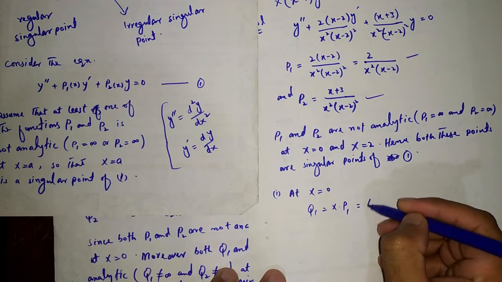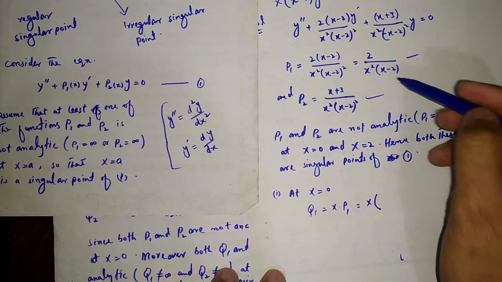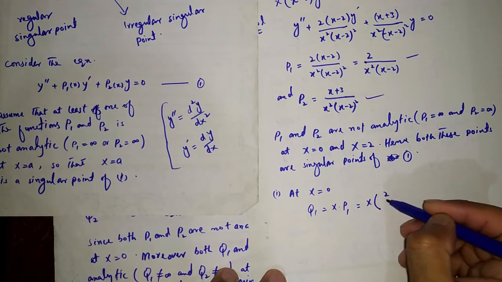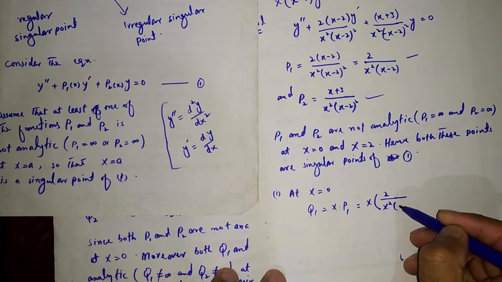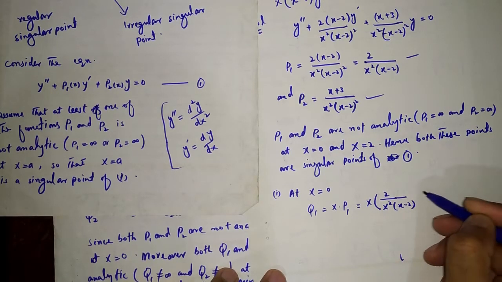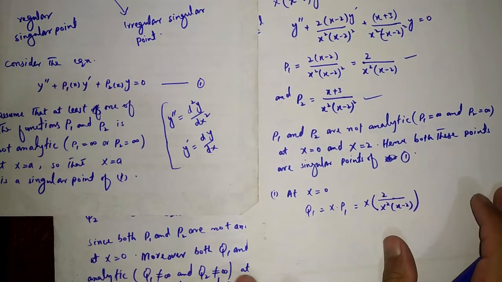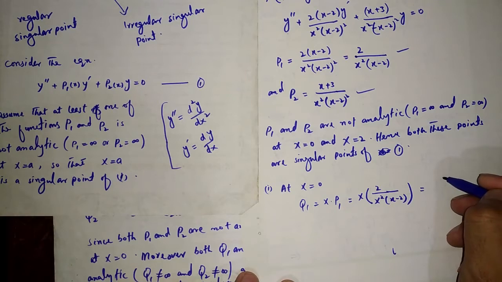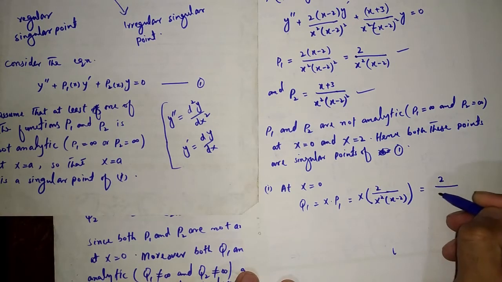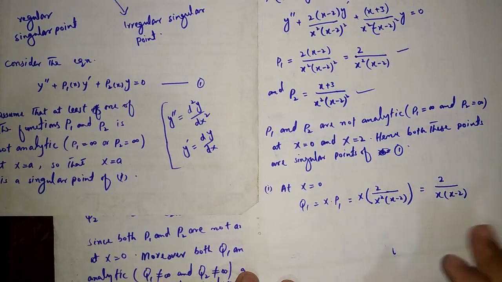So this will be x into p1, which is 2 divided by x square into x minus 2, or this will be equal to 2 divided by x into x minus 2.